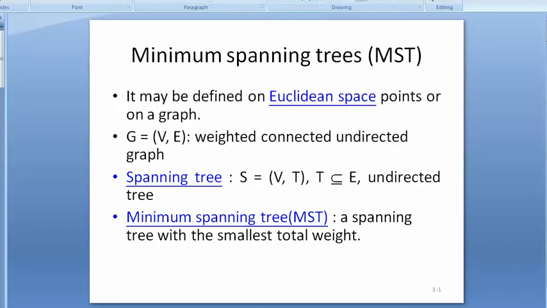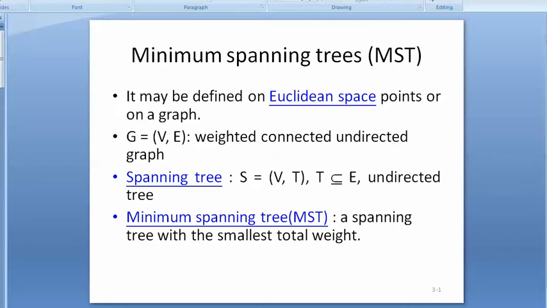A spanning tree is a tree which includes all the vertices of that graph. So it is a subgraph which includes all the vertices and is also a tree. We call that subgraph a spanning tree. Making sense?